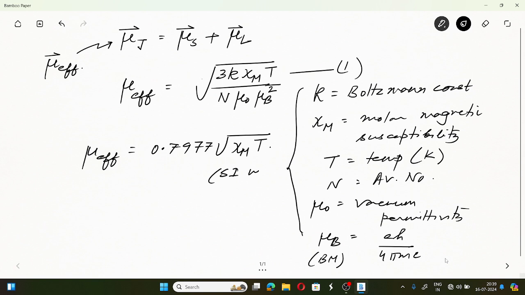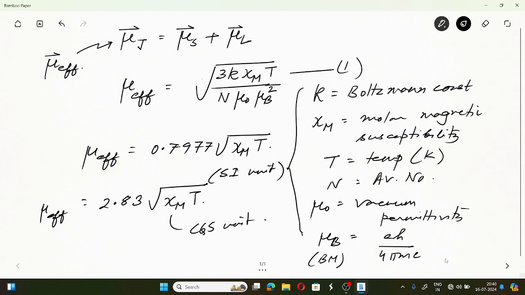And in CGS or Gaussian units, you can express this as mu effective equals 2.828, actually, root of chi m into T, where this has to be expressed in CGS units. So you see, molar magnetic susceptibility is related to magnetic moment, isn't it?